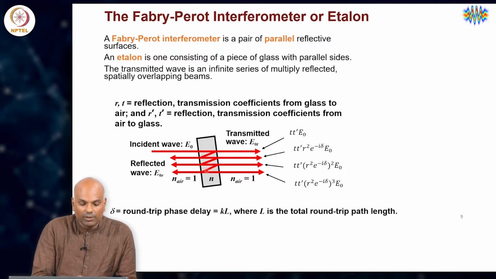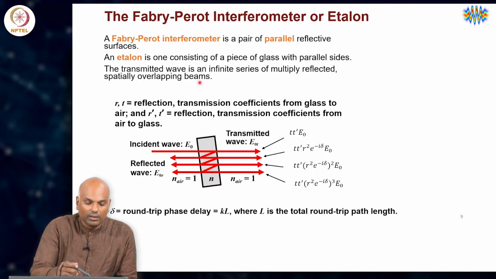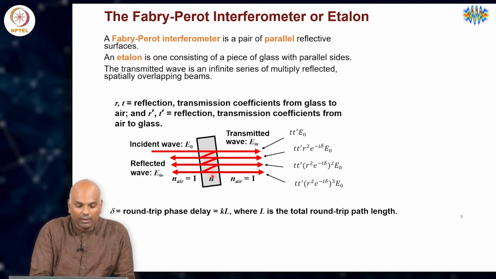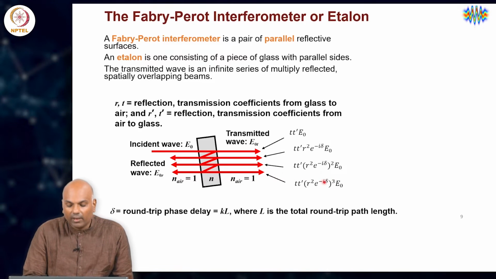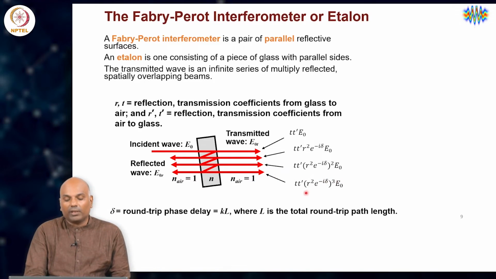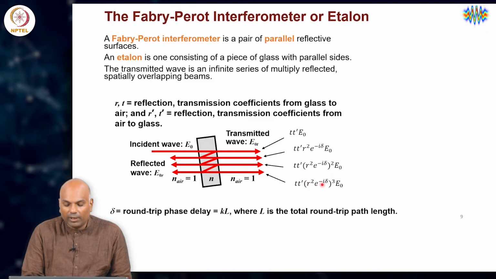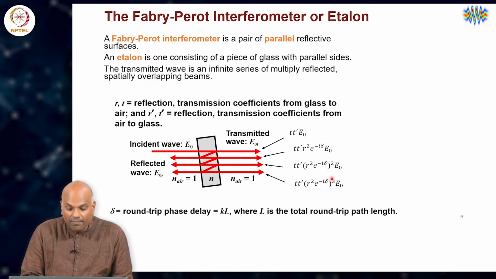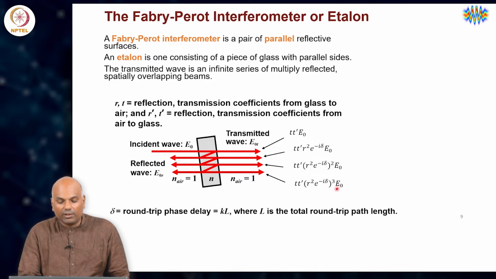It keeps bouncing back and forth, provided this piece of glass is literally infinite in its extent, all the way until it can make bounces on either side. The beam will keep bouncing, and then it will come out with an amplitude in general of t t prime multiplying r square e to the i delta to the power, say, m for m round trips multiplying E naught. That will be the amplitude of the transmitted wave.